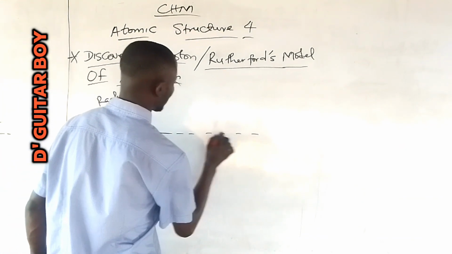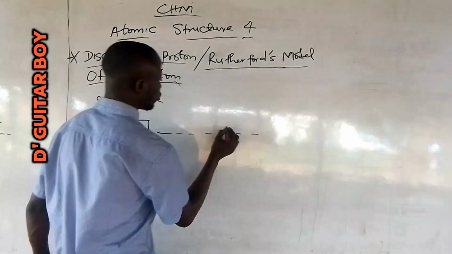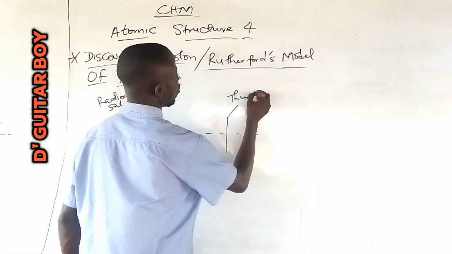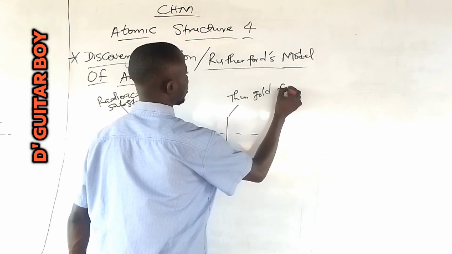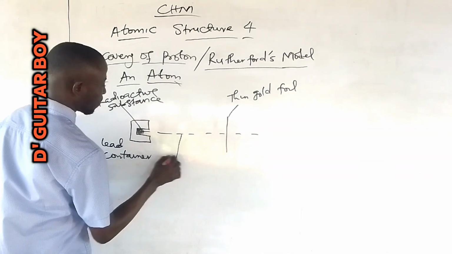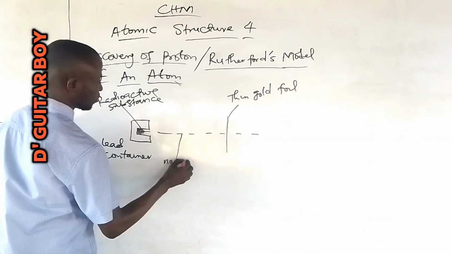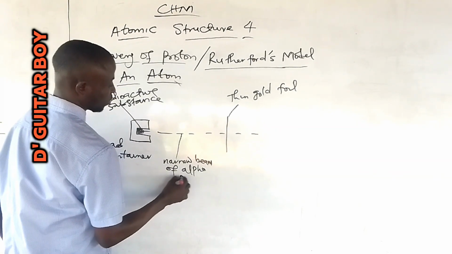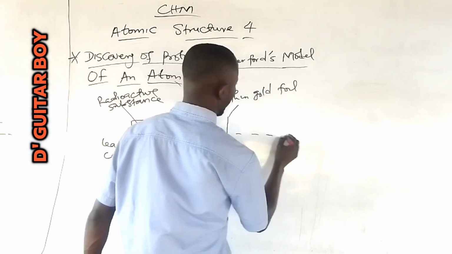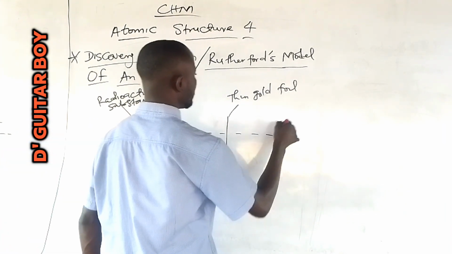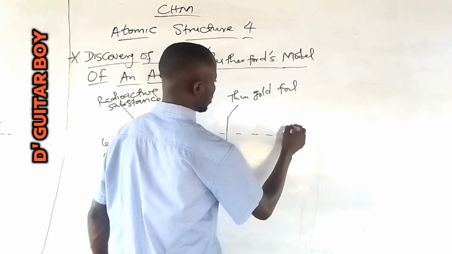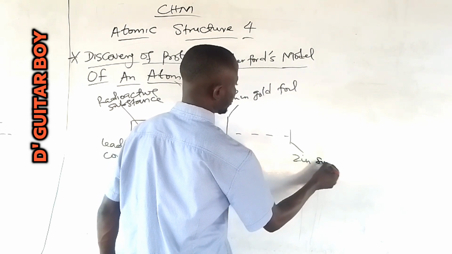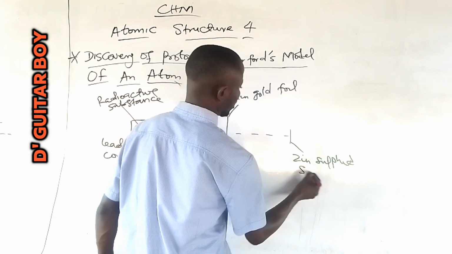And it will bombard the thin gold foil. This is the thin gold foil, bombarded with a narrow beam of alpha particles, and close to it they place a movable zinc sulfide screen.